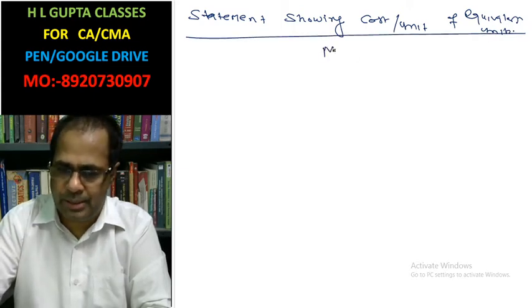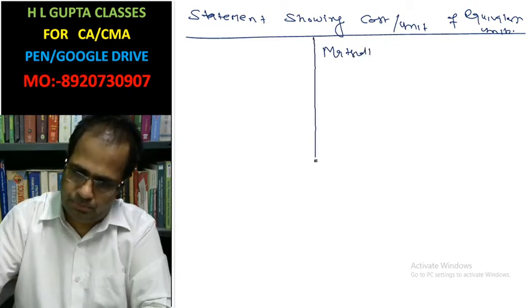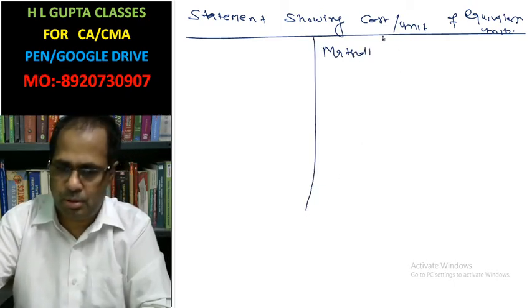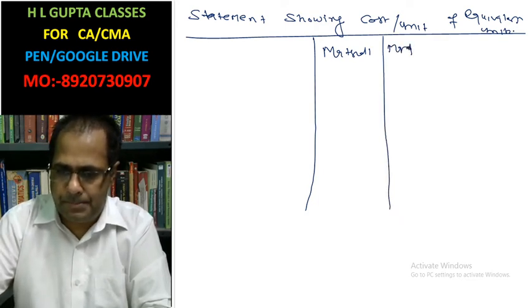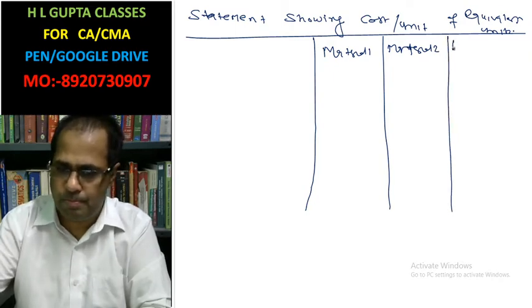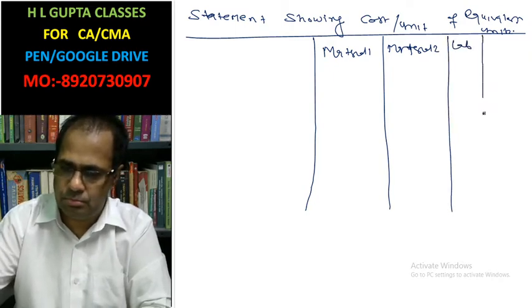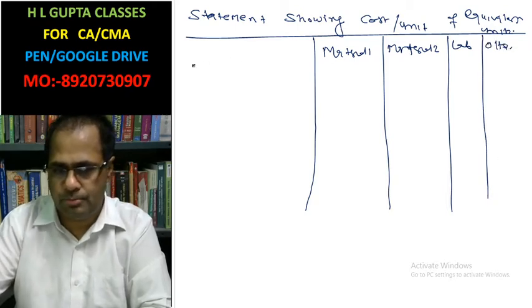You write here material 1, material 2, labor, overhead.